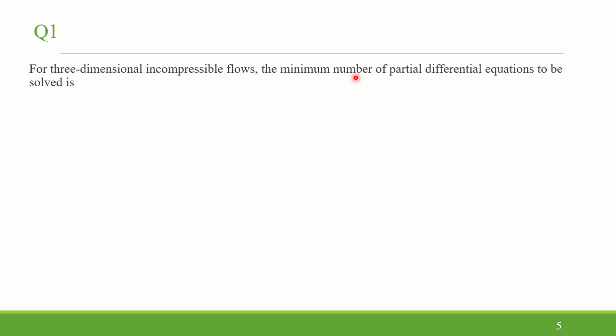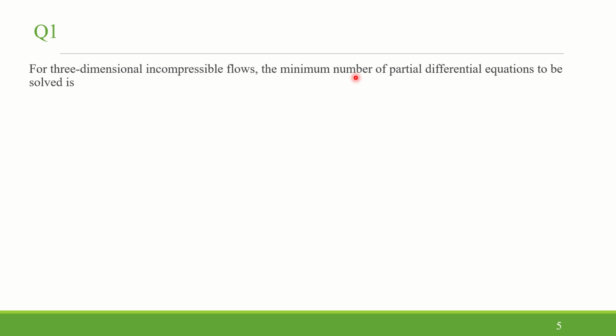And since the flow was compressible, we had to deal with the energy conservation equation as well, because density variations were quite high. So on the whole it became 5 partial differential equations which we need to solve to get a solution in a 3-dimensional compressible flow.